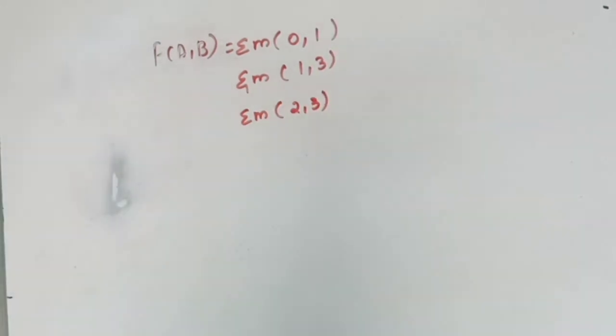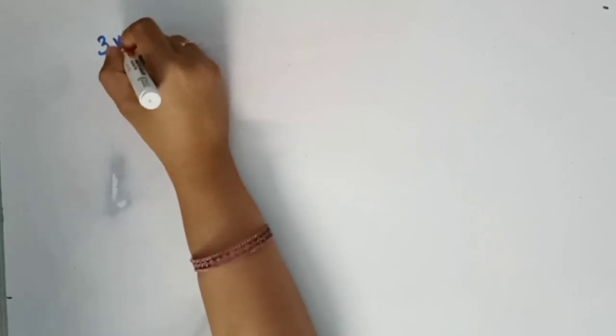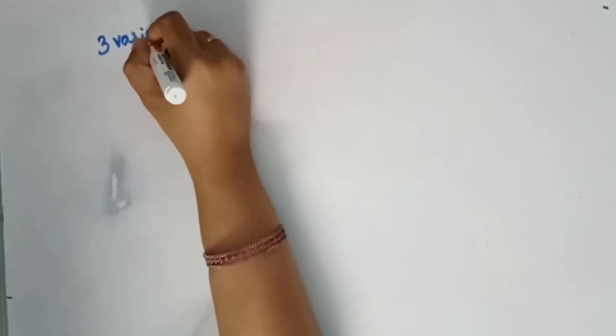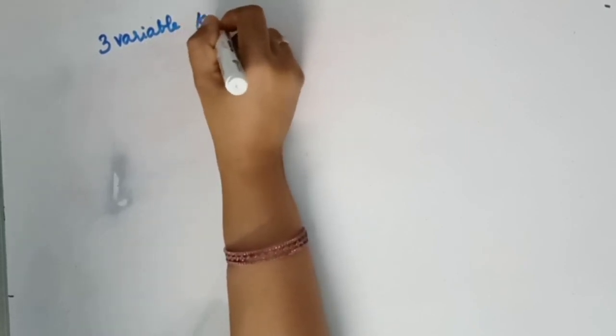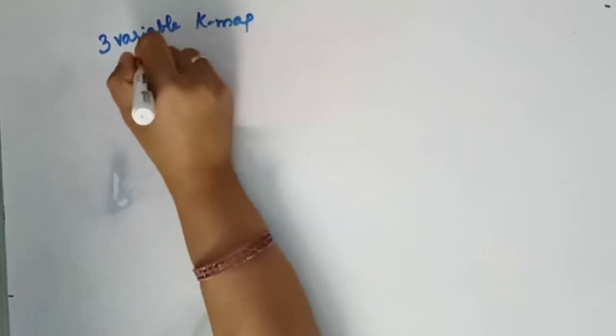Something like this, you can try out the questions and find the answers. Now next we'll go for the 3 variable Kmap. Mostly 3 variable or 4 variable only we'll be using.